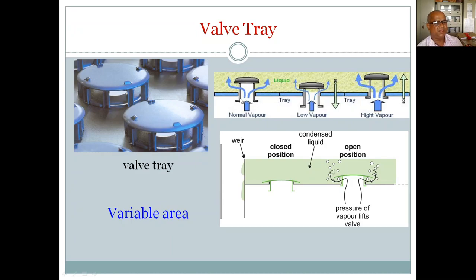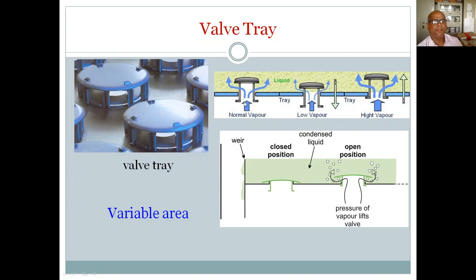Let's take this as the tray with one valve on it. When the gas flow rate is 0, the valve will come down and sit on the top part, and it will not allow any liquid to come down.